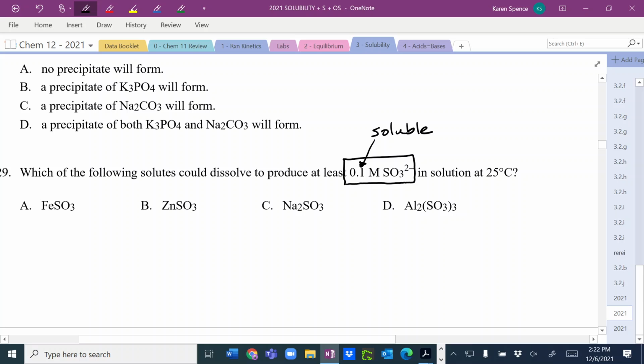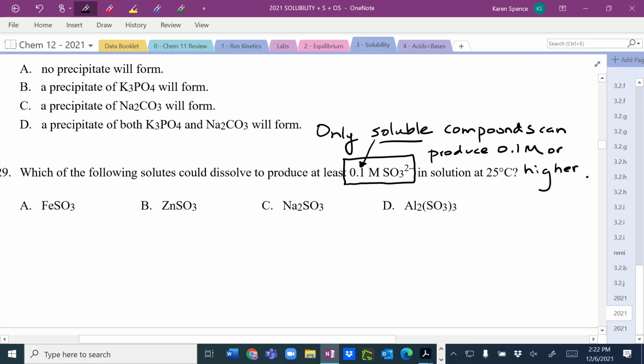Only soluble compounds can produce 0.1 molar or higher. So if we want to produce at least 0.1, we are looking for the soluble compound.